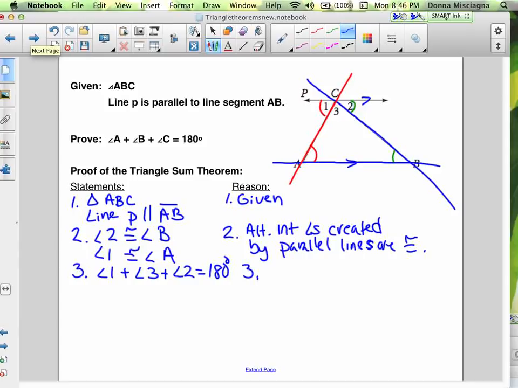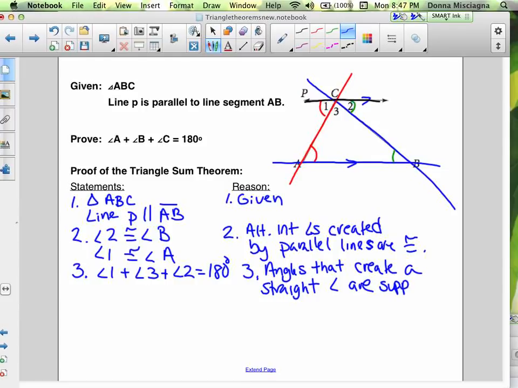Well, notice that together, those 3 angles create a straight line. Okay? So why can we say that? We can say angles that create a line or a straight angle are supplementary and add to 180 degrees.